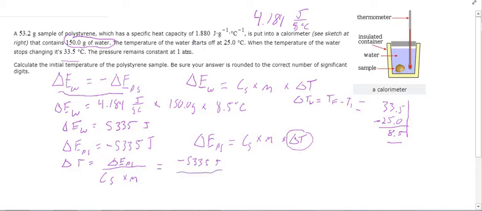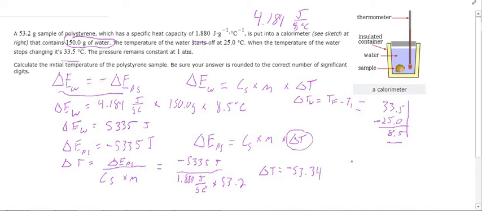The specific heat capacity of polystyrene is given right here, that is 1.880 joules per gram per degree Celsius. And that's going to be times the mass of the polystyrene, which is 53.2. So the change in temperature after doing all of that is going to be equal to minus 53. I'm going to keep some extra sig figs and worry about that at the end.